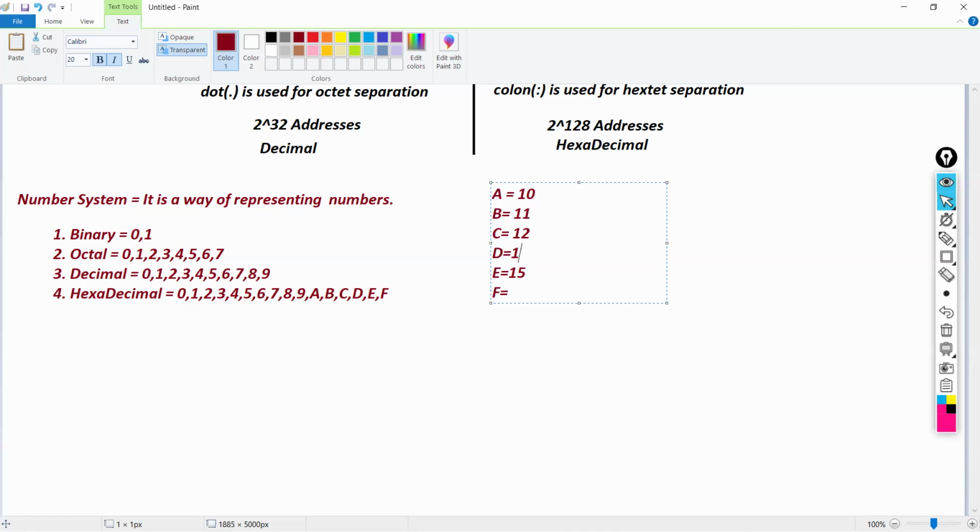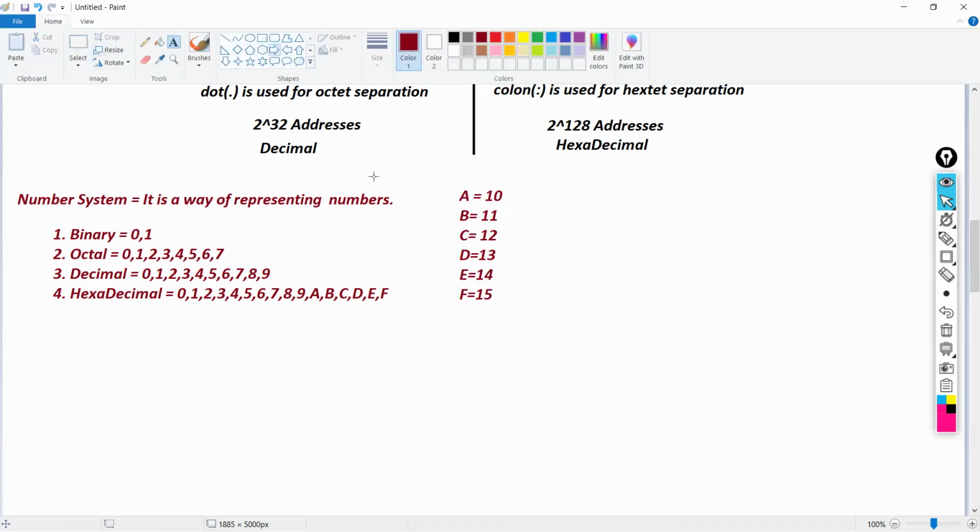Oh, sorry. Yeah, I was thinking, how come it is 16? Okay. So this is how it is. Clear? So these are your number systems.